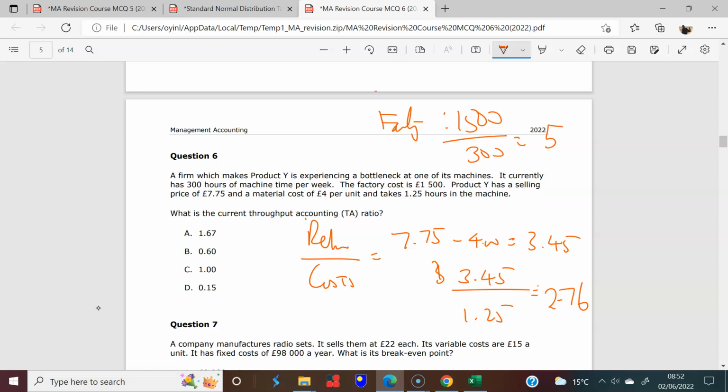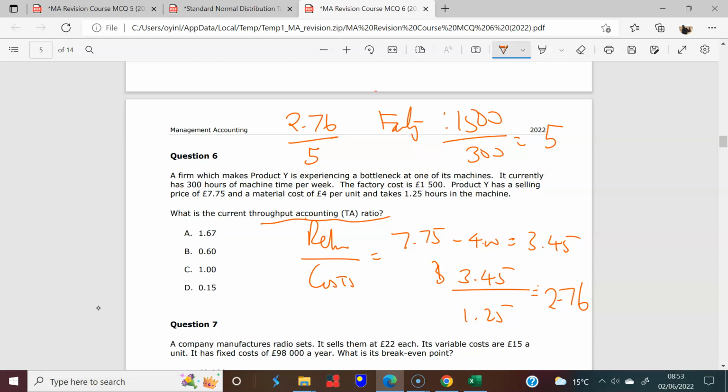So what we're looking at is that when we make this product, the product is bringing in £2.76 an hour, but the costs being generated by the rest of the work to get it done is £5 an hour. We can find that relationship in what's referred to as the throughput accounting ratio, and that's 2.76 divided by 5.